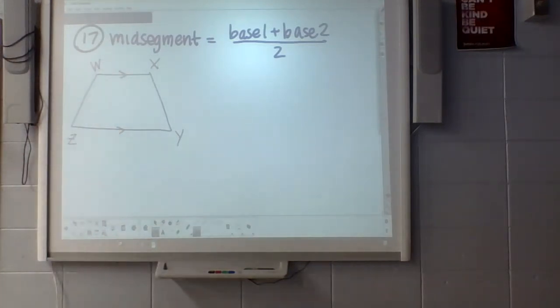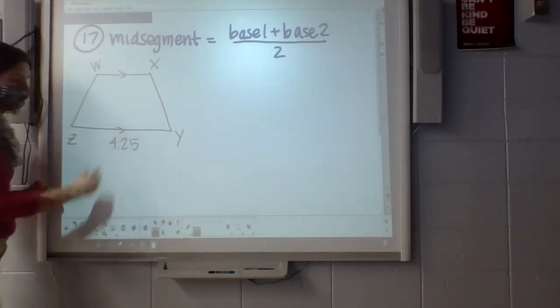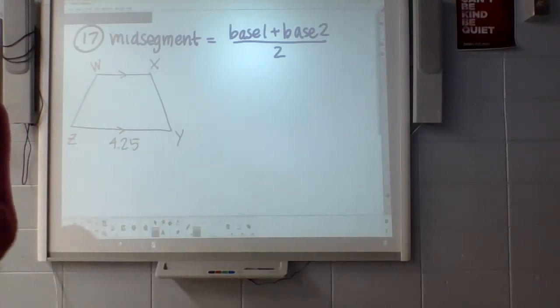So we know it's a trapezoid, which means we have one set of parallel lines, which is why I drew it that way. They tell us these are the two parallel sides. And then they tell me YZ is 4.25 centimeters. And then they tell me the mid-segment is 2.75.